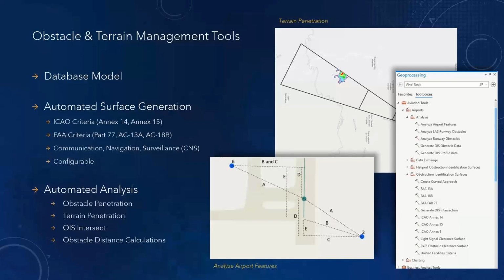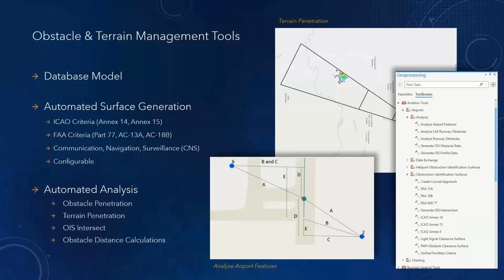And then even more recently, creating what we call intersection of the obstacle limitation surfaces. So if you could imagine having multiple obstacle surfaces on top of each other, and then conducting a 3D intersection of all of those obstacle surfaces, the output you actually get are the most restrictive surfaces for each of those intersecting components.